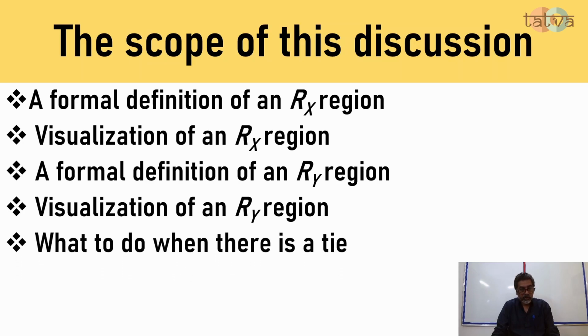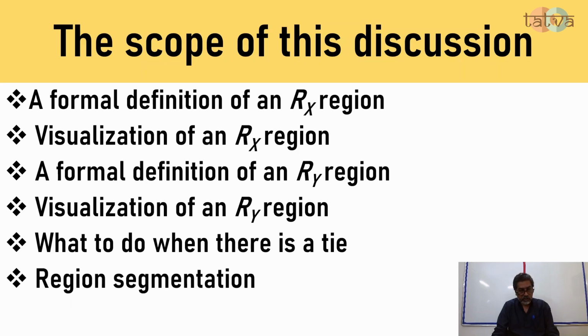Then what happens when the region is both Rx and Ry, and how do we resolve this tie? Then there is this advanced concept of region segmentation, so we will have to understand when it arises. And all this cannot be understood without suitable illustrations. So in this presentation, I'm going to take you through all these things, beginning with a formal definition of the Rx region.